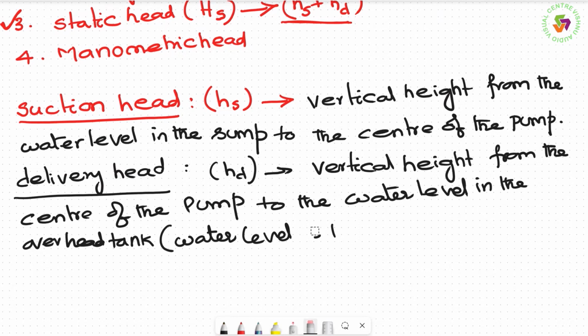That is better. Water level at delivery point.